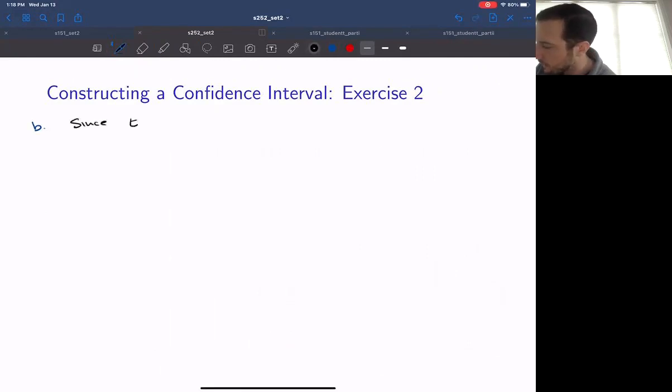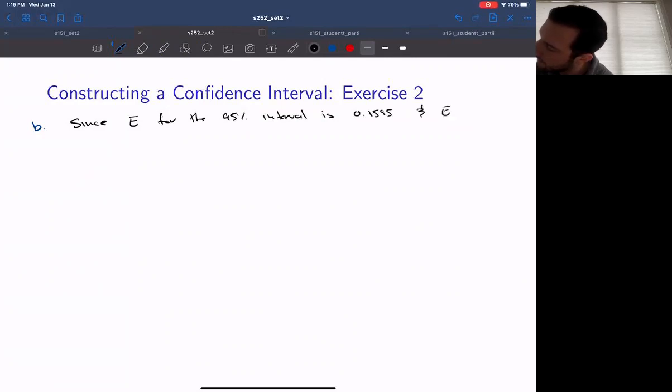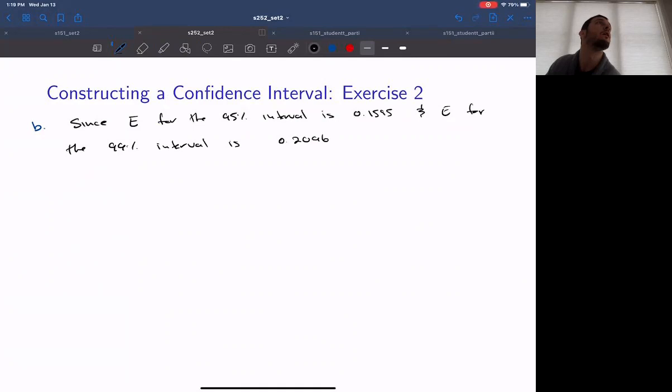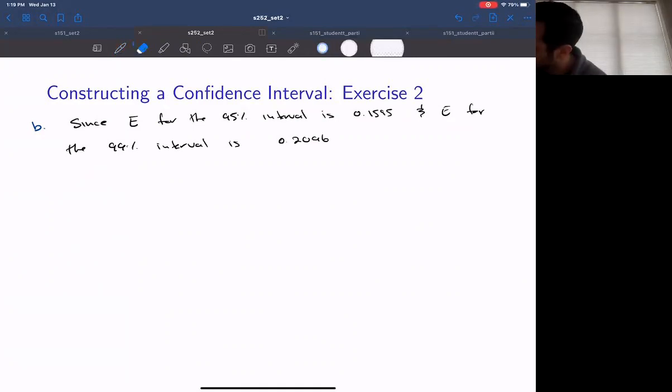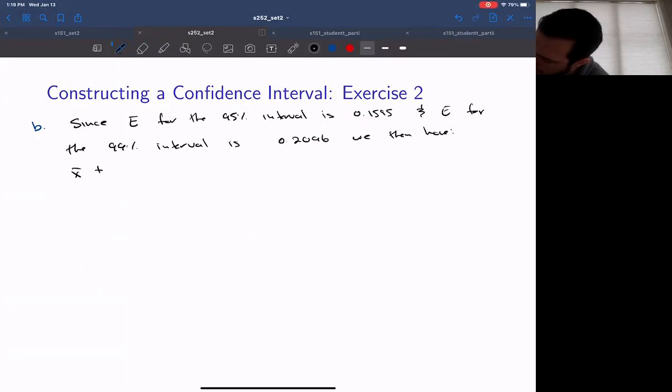Since E for the 95% interval is 0.1595 and E for the 99% interval is 0.2096, we then have X bar plus or minus 0.1595 and X bar plus or minus 0.2096.